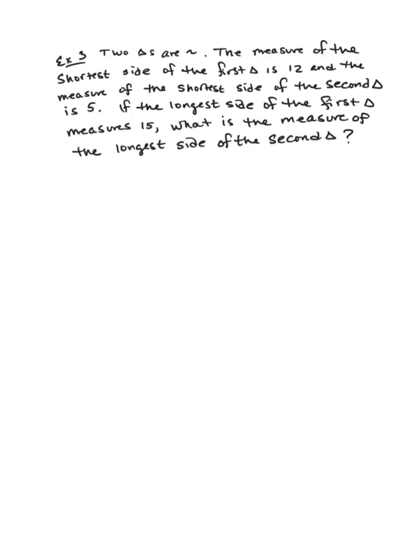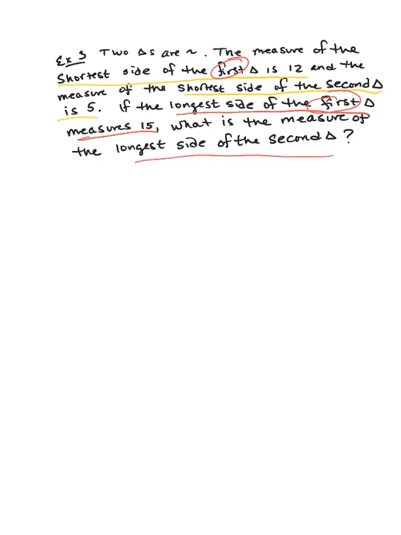Two triangles are similar. The measure of the shortest side of the first triangle is 12, and the measure of the shortest side of the second triangle is 5. If the longest side of the first triangle is 15, what is the measure of the longest side of the second triangle?